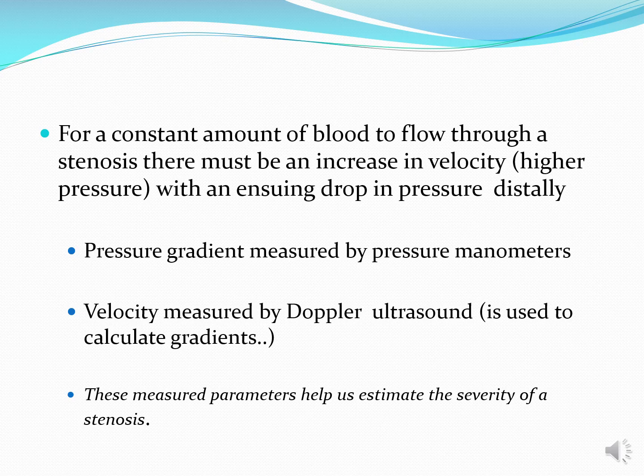This will lead to a gradient, as we just discussed. For this pressure gradient to develop, you have to increase the velocity. And how can we measure the velocity? We use the technology of Doppler ultrasound. As you know, we all do echocardiography. You are all familiar with this.